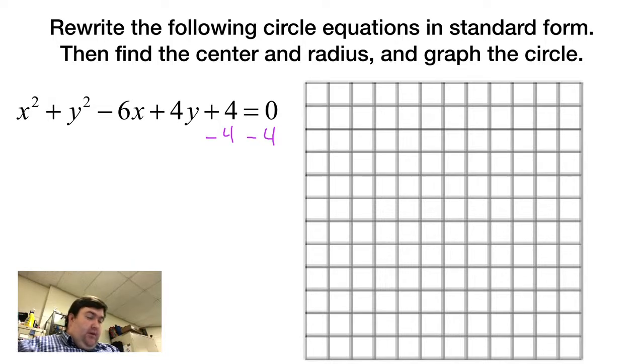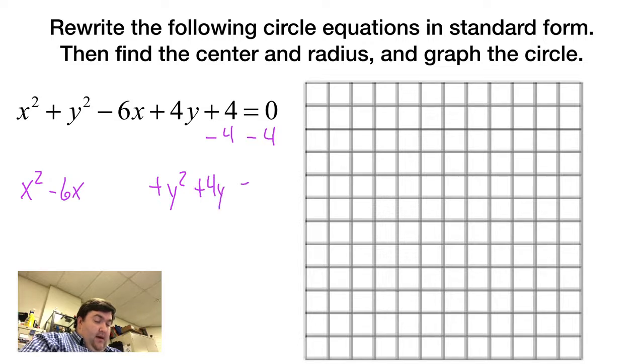So we have to rewrite this, and I'm going to rewrite it where my x's are together and my y's are together so that I can complete both squares. So x squared minus 6x plus y squared plus 4y equals, let's give ourselves a little more room, equals -4.